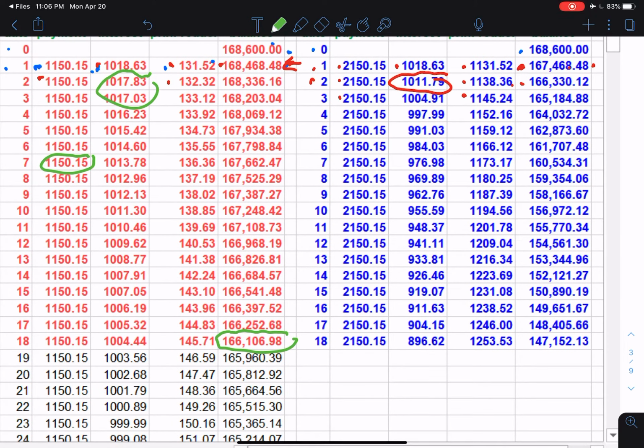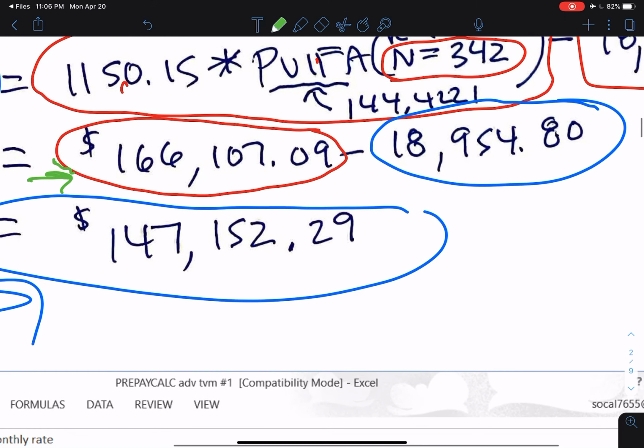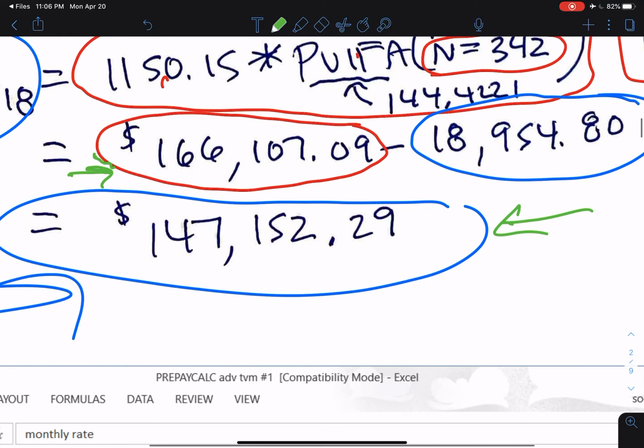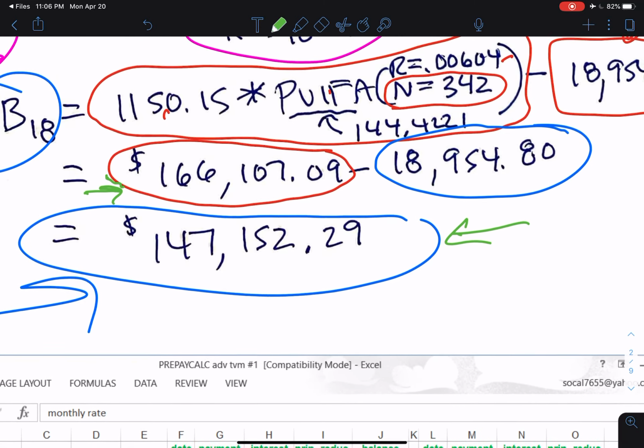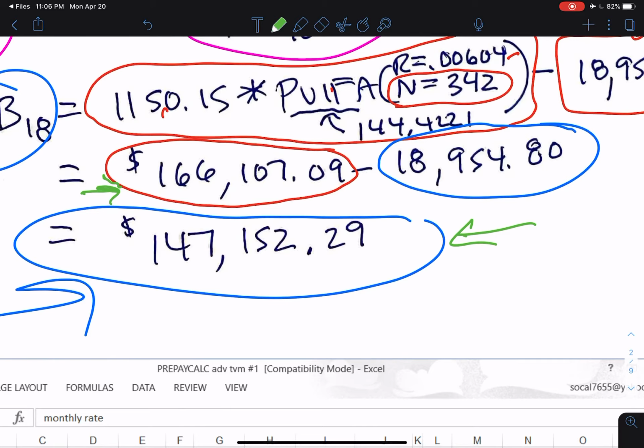But over here in blue, we're showing what really happened when we made those additional $1,000 payments, and therefore the remaining principal balance over here is $147,152, which of course is what we have up here. Again, I'm not worried about the difference in the pennies. I've explained that before. So that's a very important thing to know and to understand.